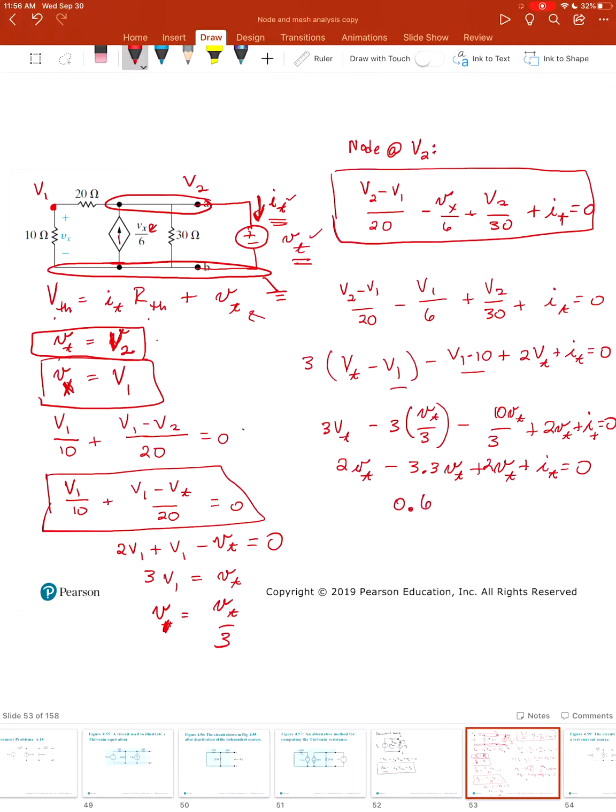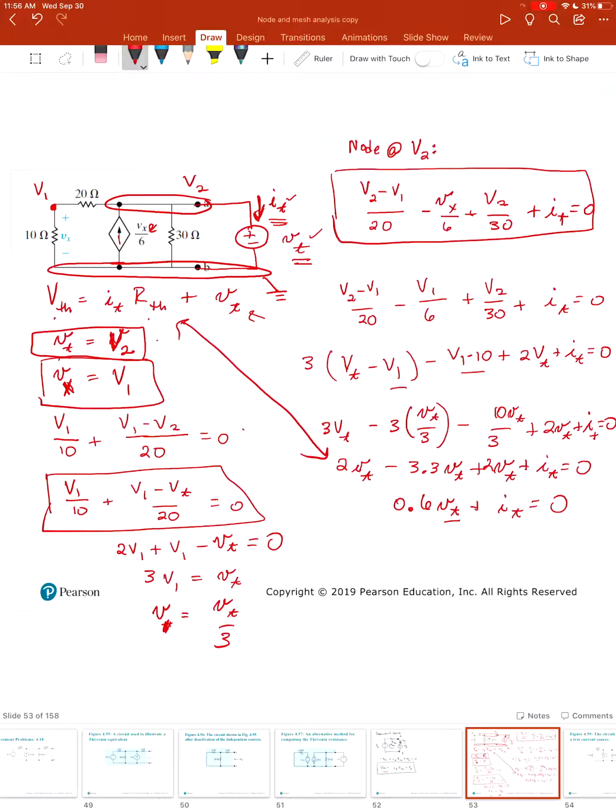So combining some terms, that should be 0.6 V test plus I test is equal to 0, assuming I didn't make any math errors.